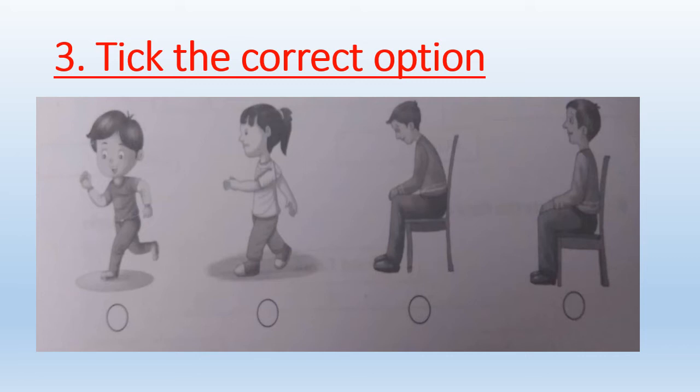As we can see, the girl is walking on the road, and her posture is good. Her posture is correct. As we know that while sitting, standing and walking, a good posture must be maintained.